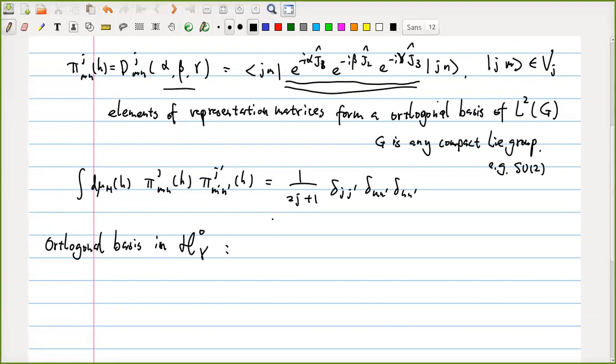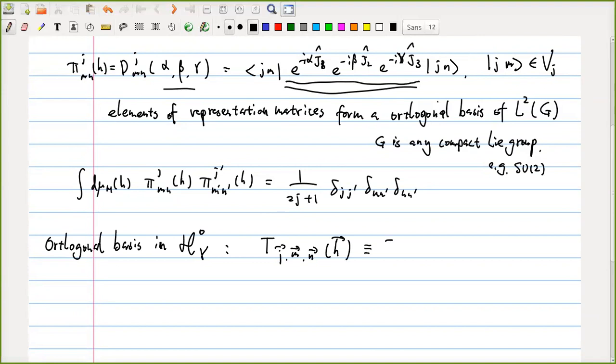So this orthogonal basis is written as T, J, M, N, and depends on all the holonomies on all edges.